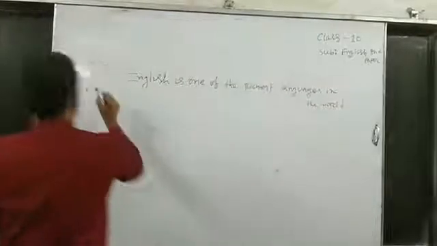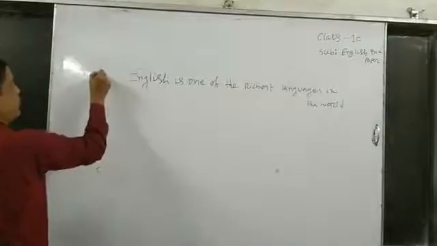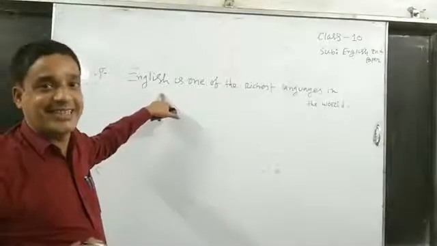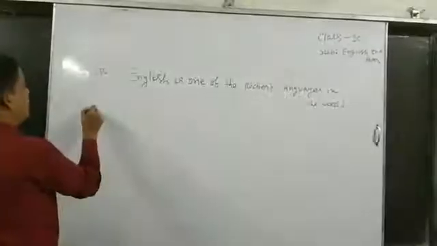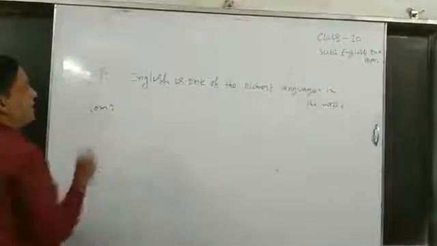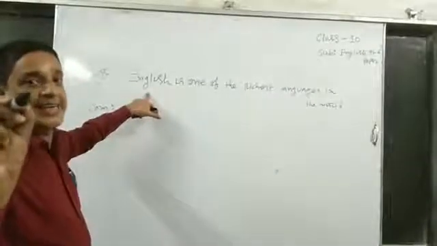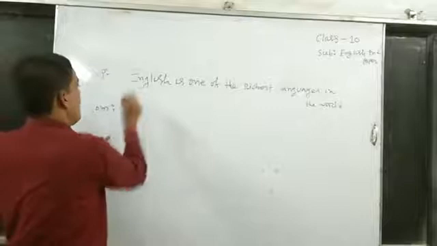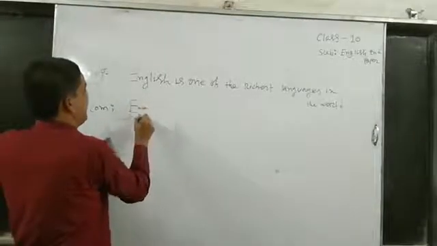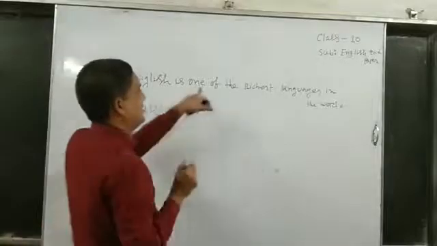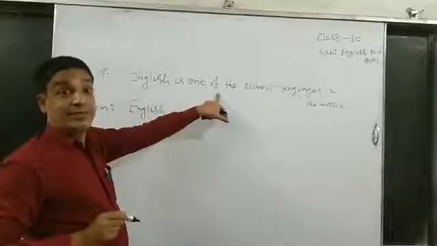We all know this is superlative. The structure tells us such. Now, if we do comparative, then we must use the subject at the very beginning. What was the subject? English. Verb is. Here is one of the.